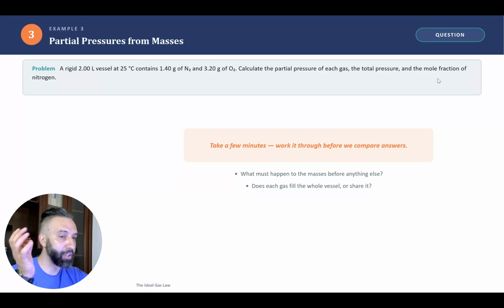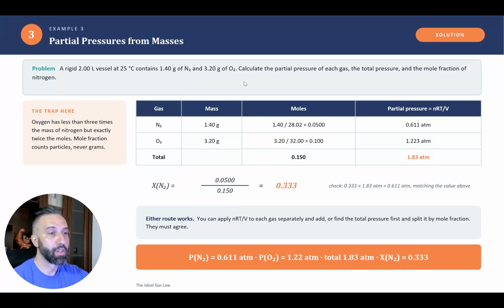So the mole fraction is just the number of moles of nitrogen divided by the total number of moles. So remember what we learned, fractions are better used than percentages. So how do you do this? So these are the masses. You divide this by molar mass. Remember, it's N2 and O2, it's not N and O. Gases are always 2. So 0.5 moles is nitrogen and 0.1 moles is oxygen.